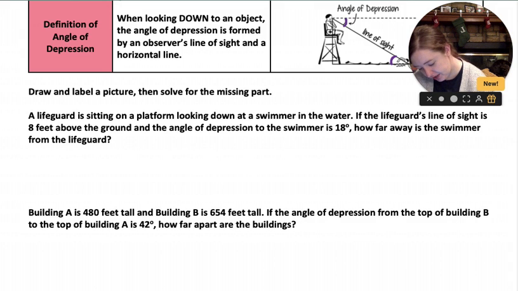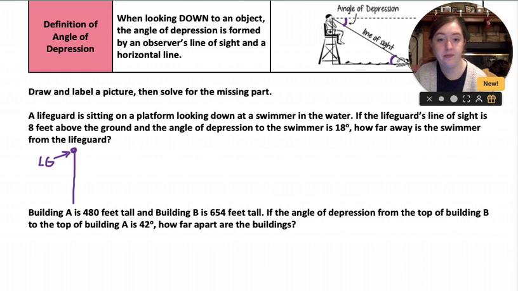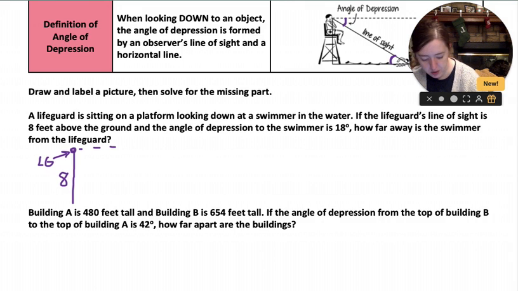Okay, so first of all, he's sitting on a platform, looking down at the swimmer in the water. So here's our platform. Up here is our lifeguard. His line of sight is 8 feet above the ground, so that length right there is 8 feet. Here's my horizontal.